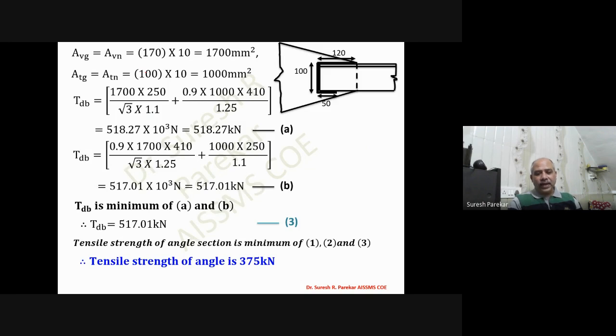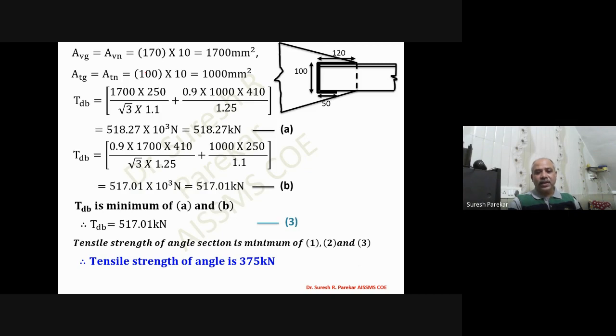As we do not have deduction for holes, ANC, AVN and ATN need not be calculated, and as there is no deduction of holes, my net area is equal to gross area. Therefore your strengths are greater in the case of rupture at critical section and block shear strength. So the tensile strength of the angle is 375 kilonewton.